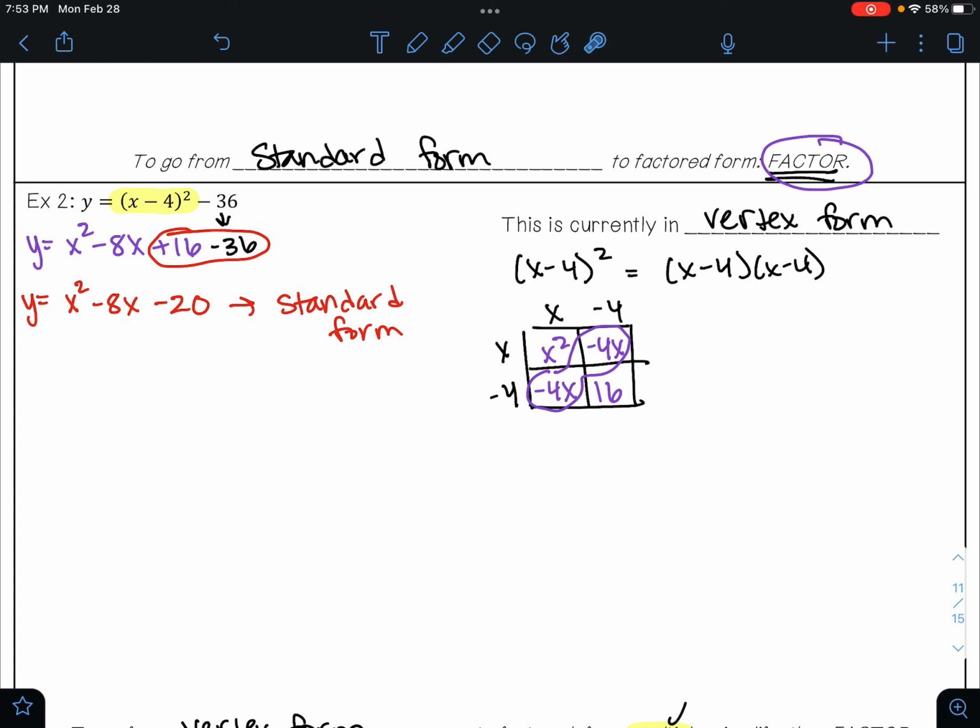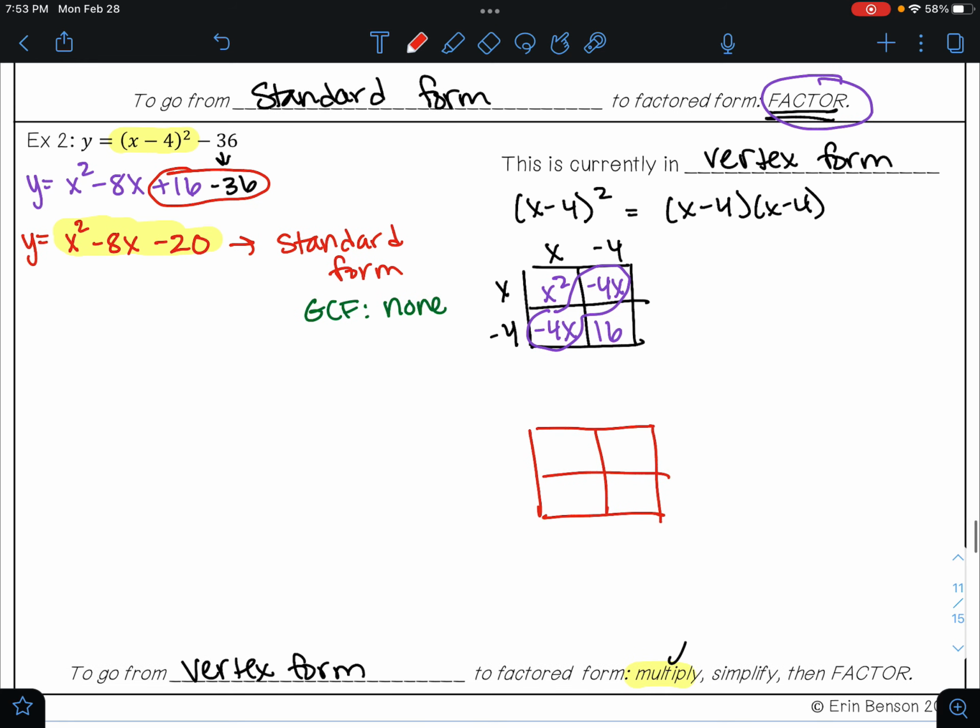So now I'm going to go ahead and factor x squared minus 8x minus 20. Your first step with factoring is to look for a GCF. Is there a GCF? No. So then I can go ahead and use the area model. Now I'm factoring instead of multiplying.